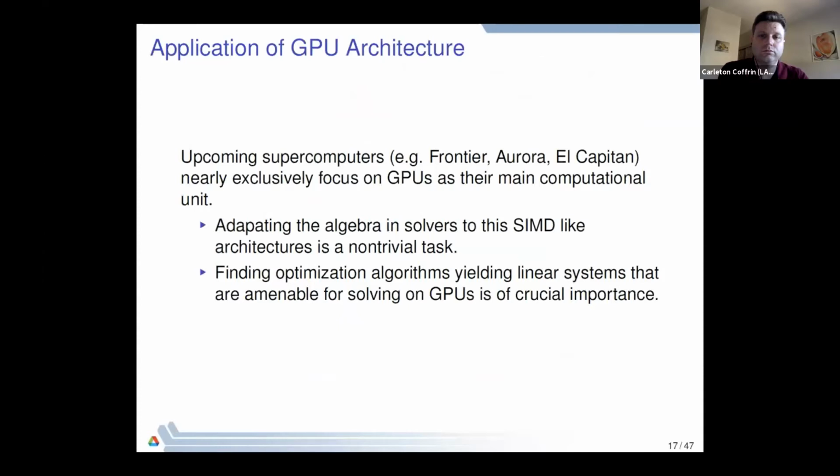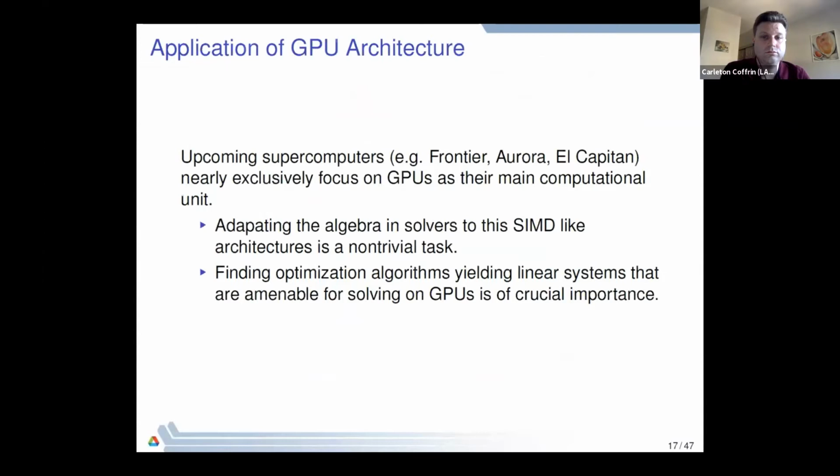It's for addressing these more expensive updates, or mitigating that issue, that we would want to apply the new development with GPU architecture, adapting for the algebra and the solvers.